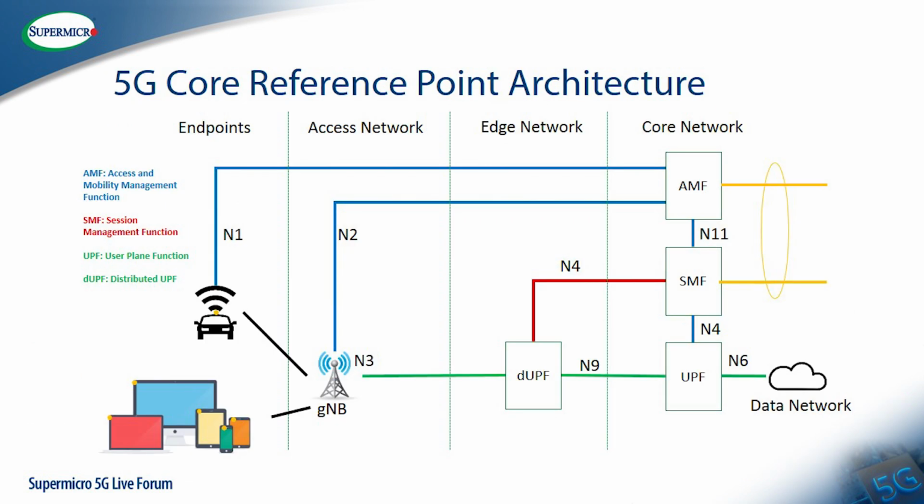So here's a diagram to help illustrate the 5G core infrastructure, just so the general audience understands where the reference architecture or BigTwin solution could potentially fit. So currently, there's a lot of pressure on the core network.